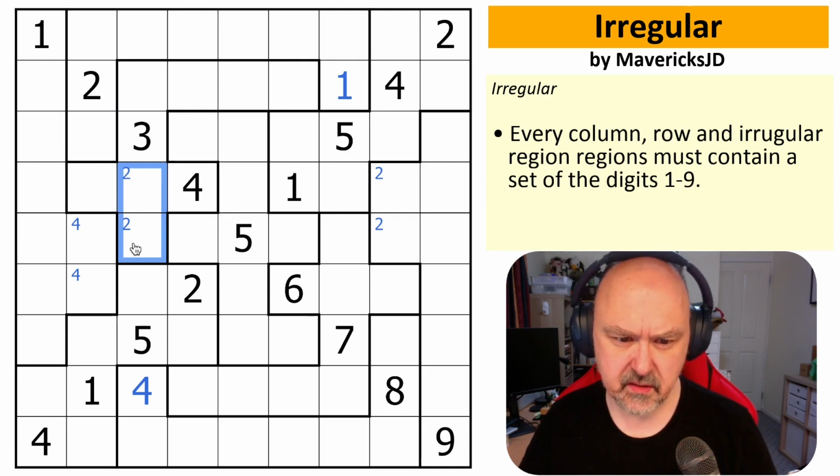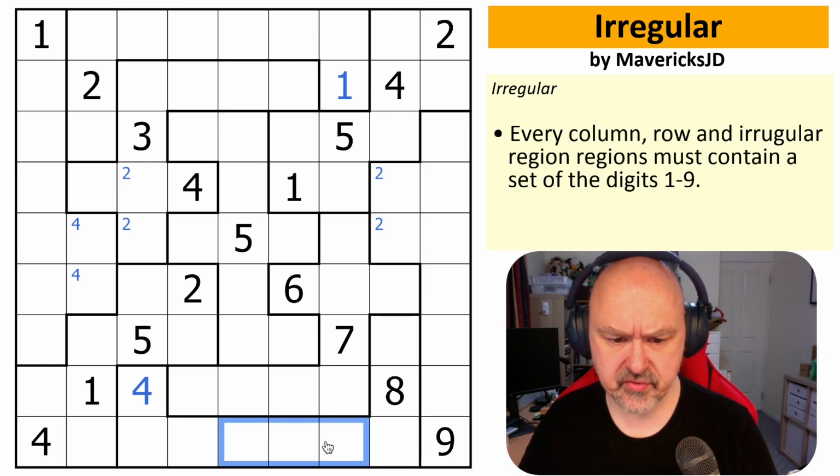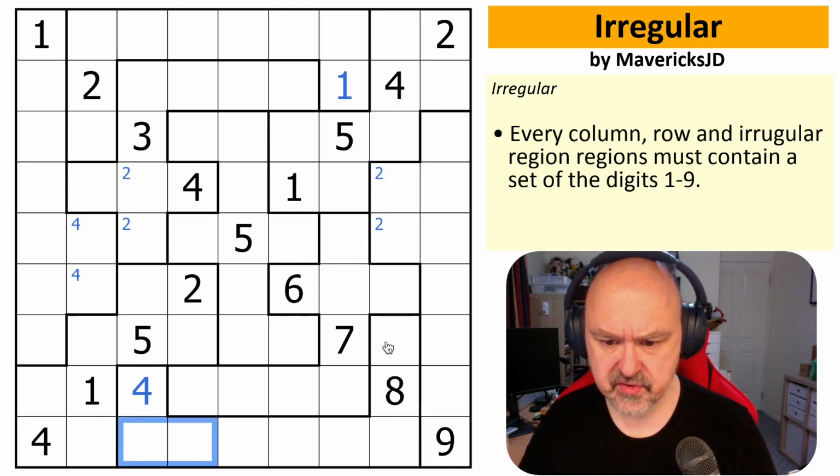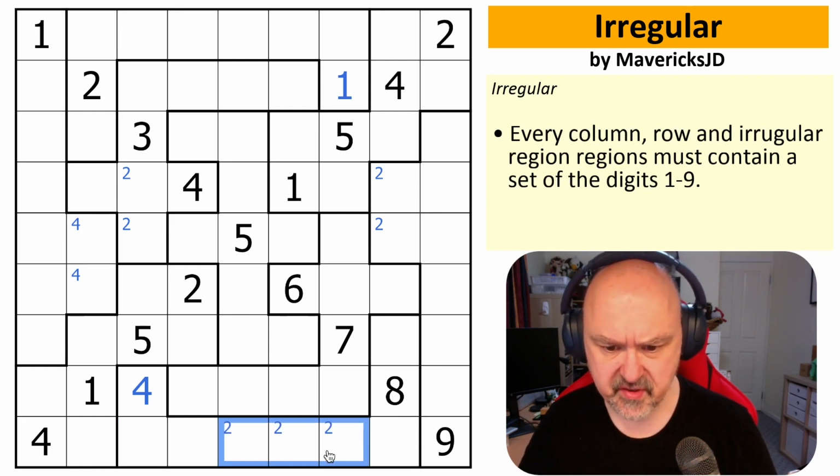Does that help me? I don't think it does. Well, it puts 2 in one of those 3. Because 2 can't go here or here, and it can't go because of those 2 here in any of those. So 2 is in one of those 3, which takes up the 2 in that row.